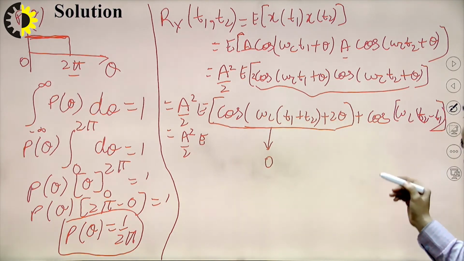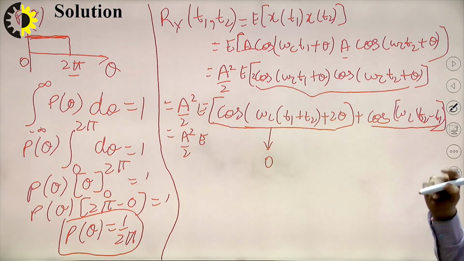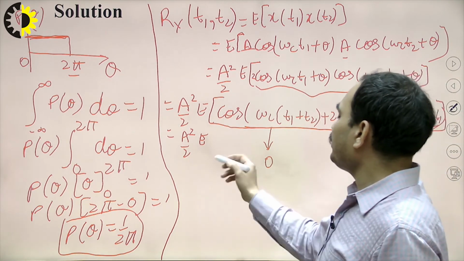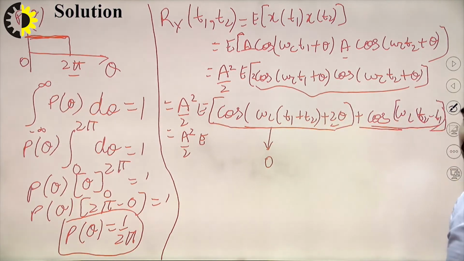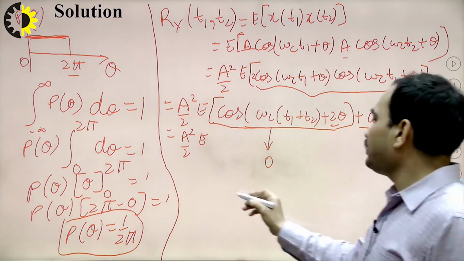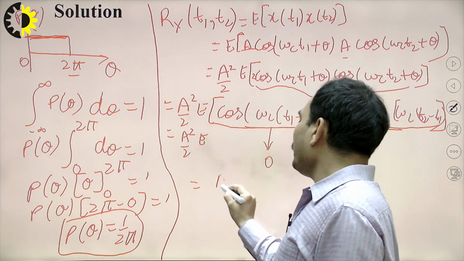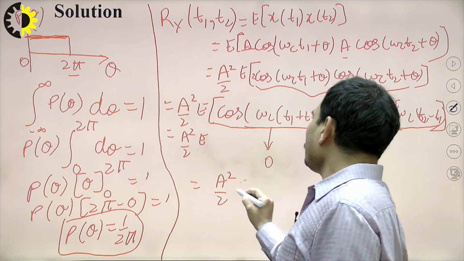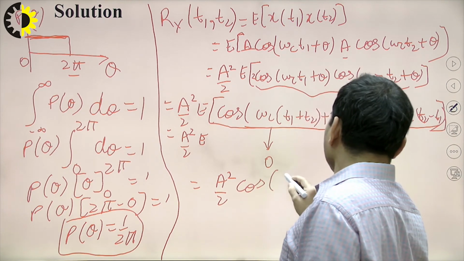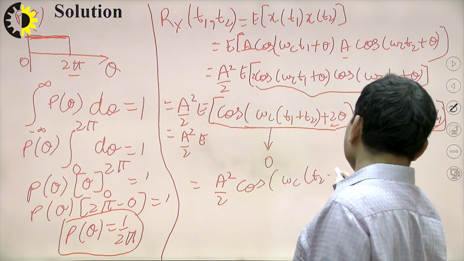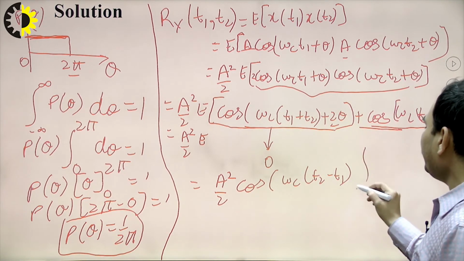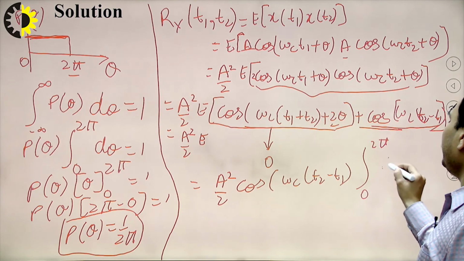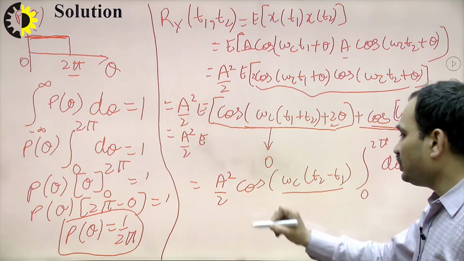What is left is the second function, where we don't have any theta, so we have A squared by 2 cos(omega_c (t2 minus t1)) with integration from 0 to 2 pi d theta, because no theta is there.